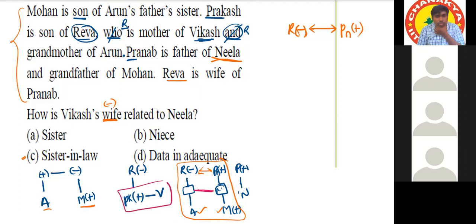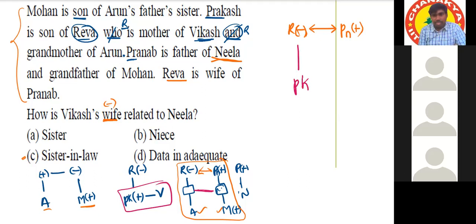And who are those two persons? PK and V. Yes or no? Tell me, Ananya. We don't know whether PK or V is the father of Mohan or Arun, right? We don't know as of now.